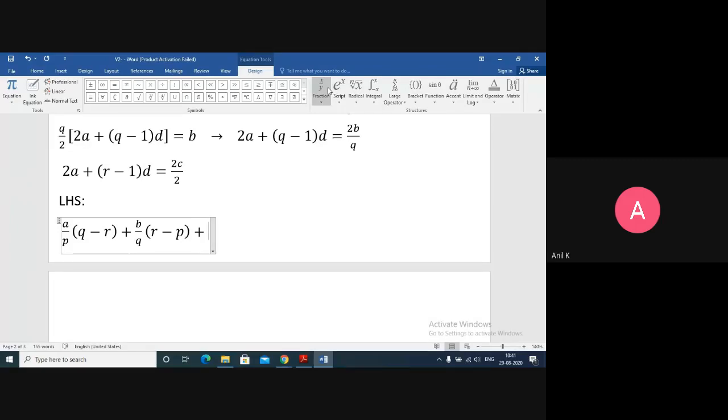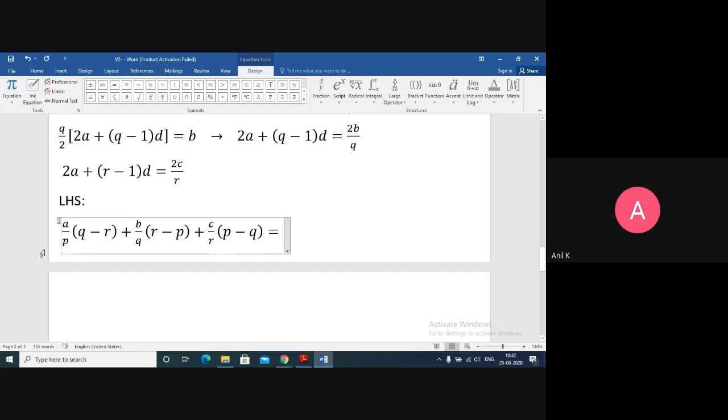The next one is C upon R, I think this should be R, into P minus Q. So we will get here, I have to prove this equals to 0.